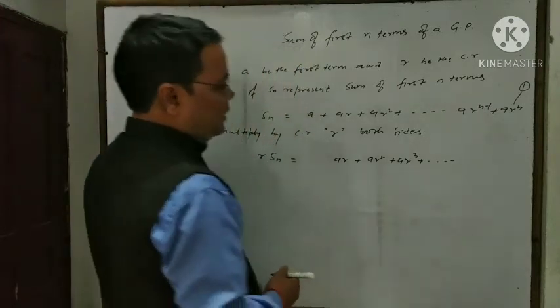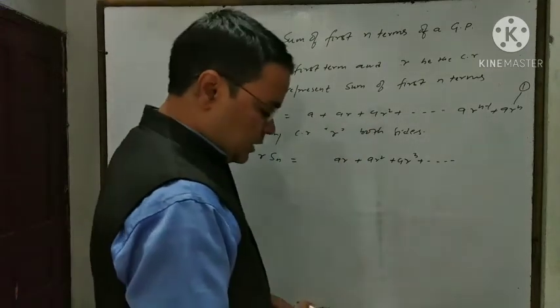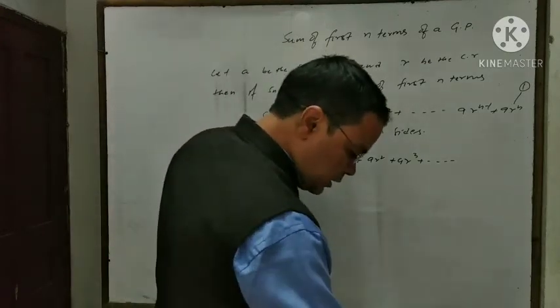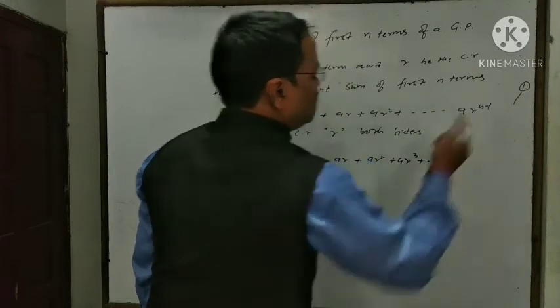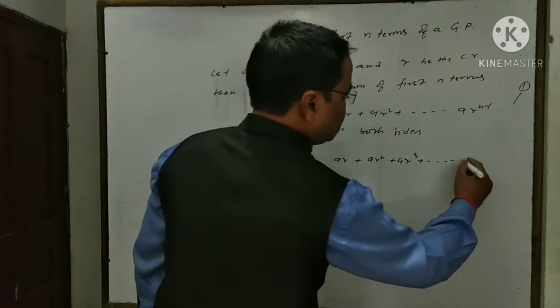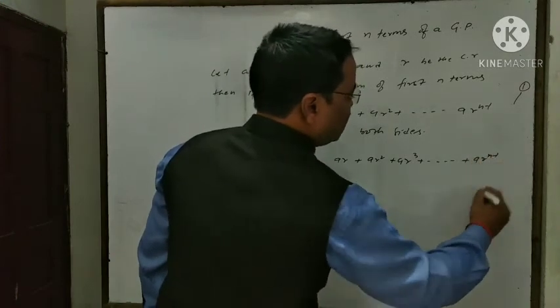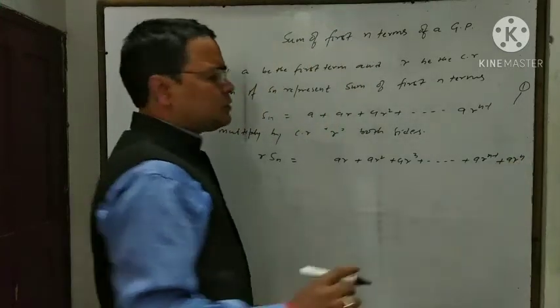If we multiply by r, then the last term will be ar to the power n. No, this is wrong. Before multiplying, the last term is ar to the power n minus 1, so after multiplying, the second last term will be ar to the power n minus 1 and the last term will be ar to the power n. Try to understand.